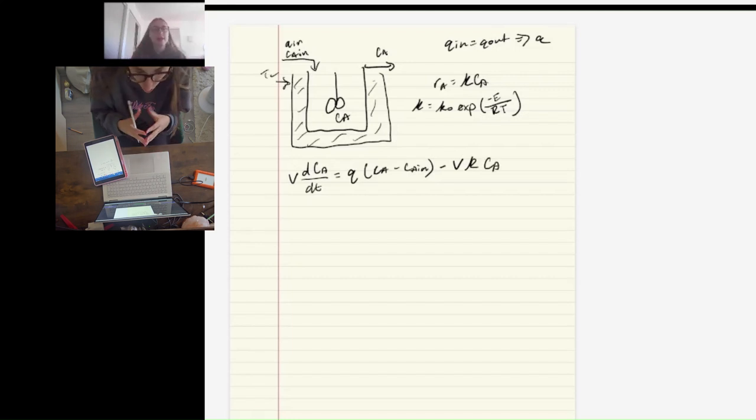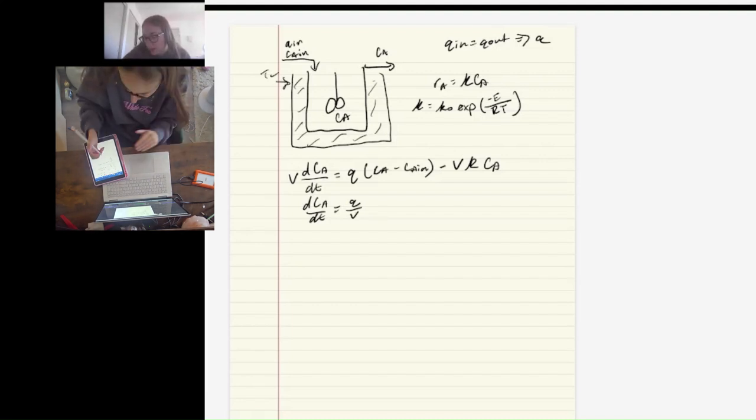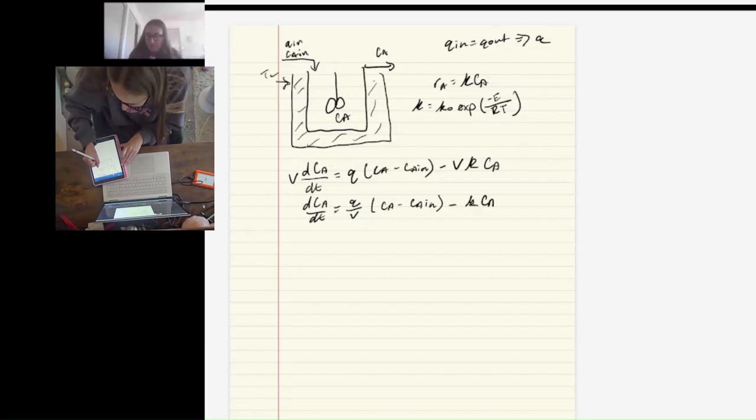When we divide this by V, we get dCa/dt equals the flow rate divided by the volume, times Ca minus Ca in, minus our rate of reaction, which is just k times Ca. Okay, so after this, we need to do a heat transfer.